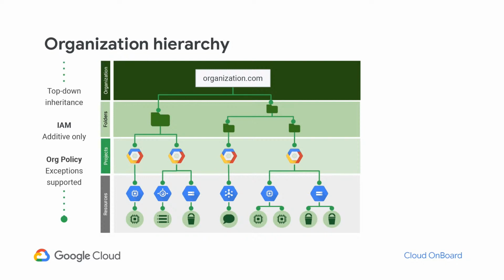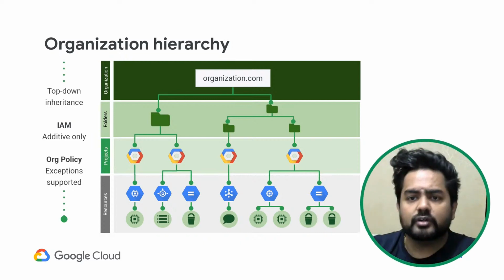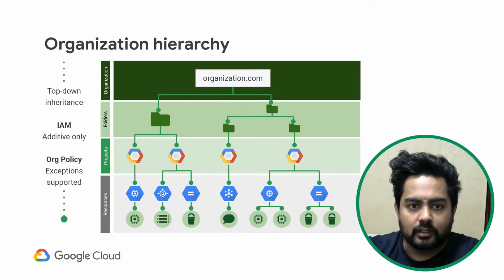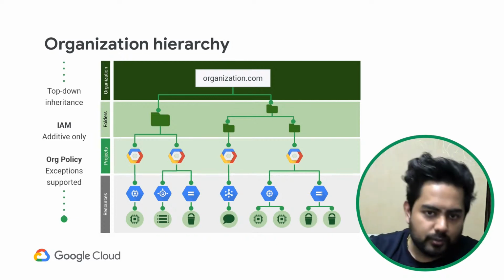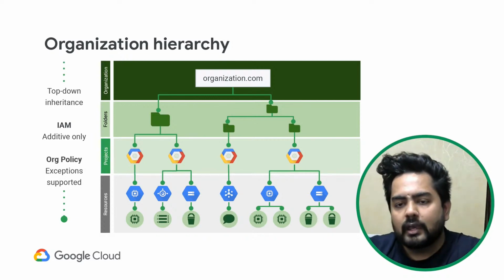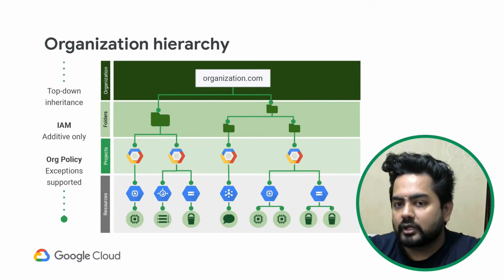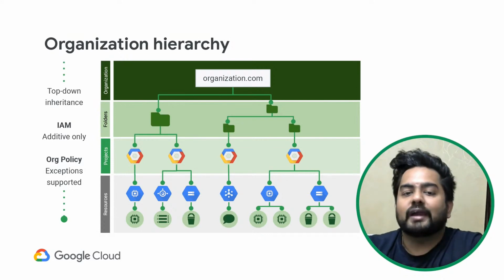For example, in this hierarchy, an organization decides to segregate the resources based on the environment. Maybe a folder for production, QA, and dev. And there are some engineers in the company who have full control over the dev folder. Therefore, all the projects and resources under it will be accessible to them, while maybe they have only limited access to production.